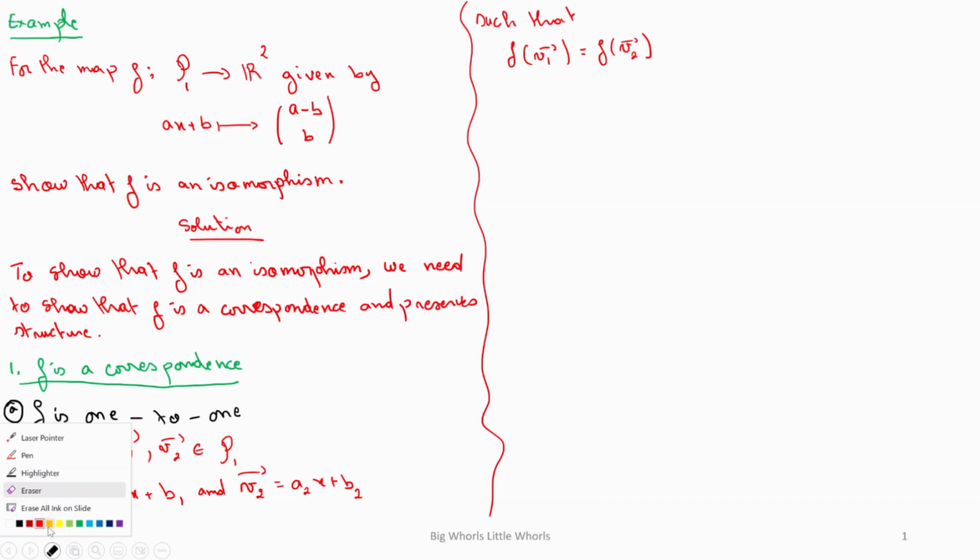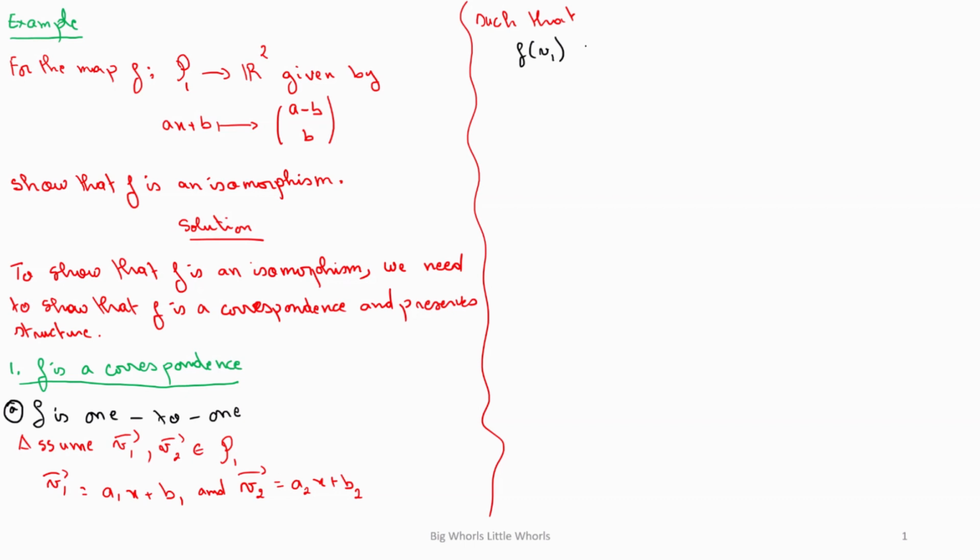Let me change colors here, because this proof looks easy, but you have to pay attention. We assume that f of V1 equals f of V2, and then do some manipulations so that at the end we get V1 equals V2.